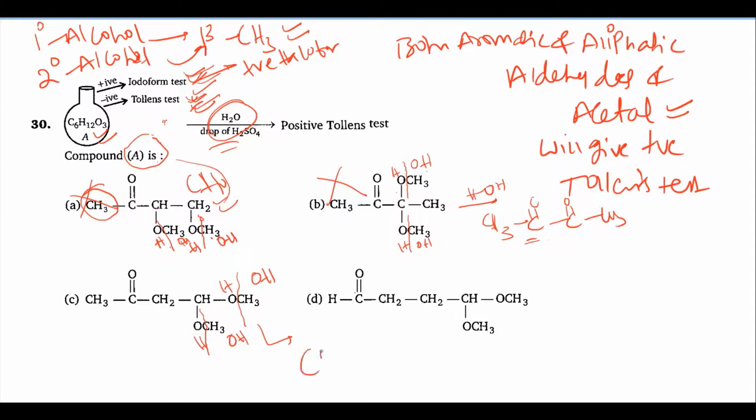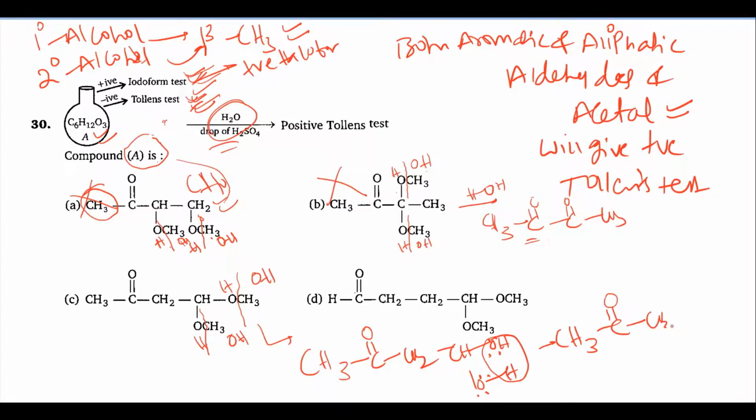Then you are going to get CH3, C double bond O, CH2, CH, OH, OH. Immediately you can remove a water molecule because the existence of two nucleophiles on the same carbon is difficult. Then you are going to get CH3, C double bond O, CH2, C double bond OH. There is an aldehyde, so it will give a positive Tollens test.